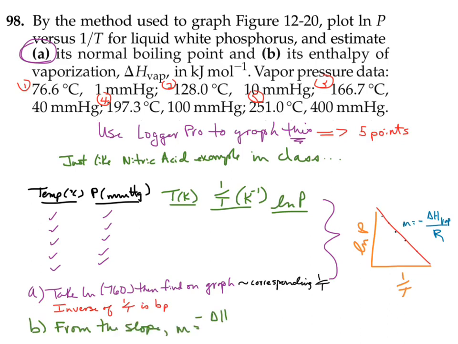This is the plot that you're going to draw. Then the 2 things you're supposed to do: first, find its normal boiling point temperature, like we did with nitric acid. So you're going to interpolate or extrapolate on here, come down, and find that temperature. The second thing is to use the slope and get the heat of vaporization. So we need to do all that and print it out.